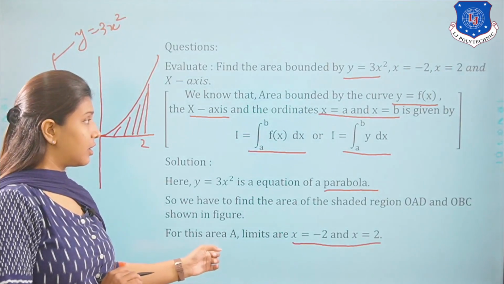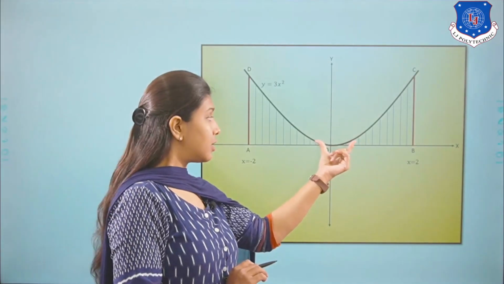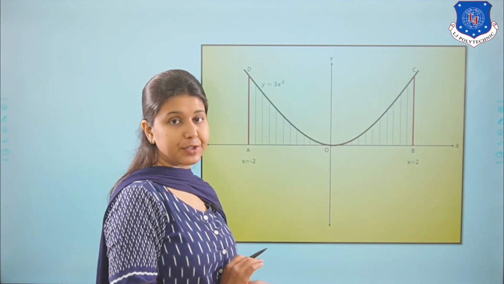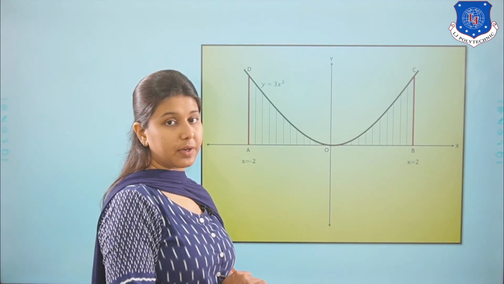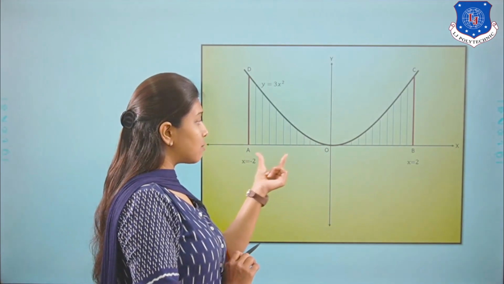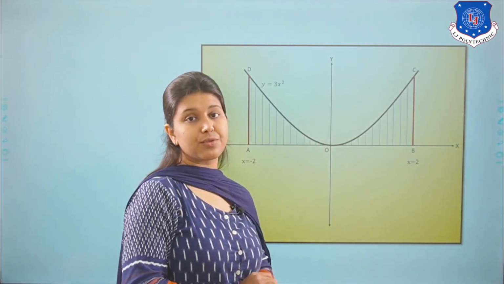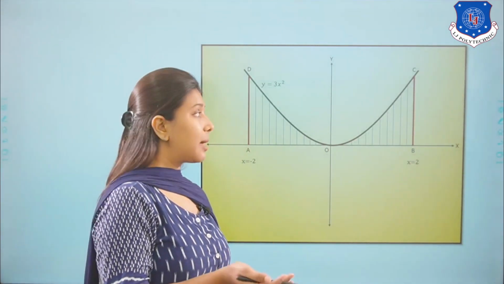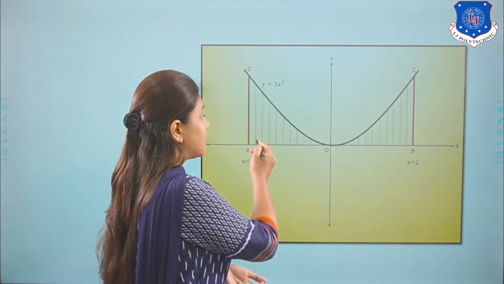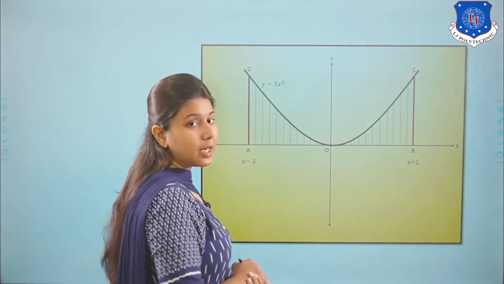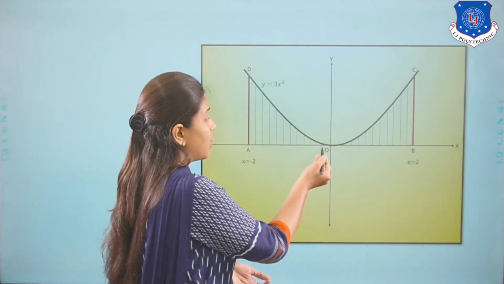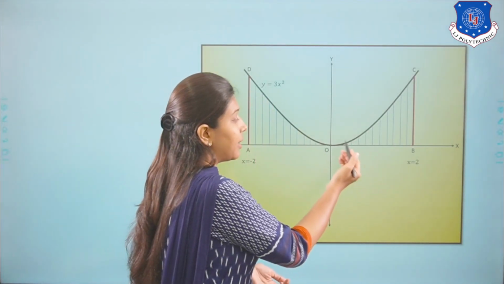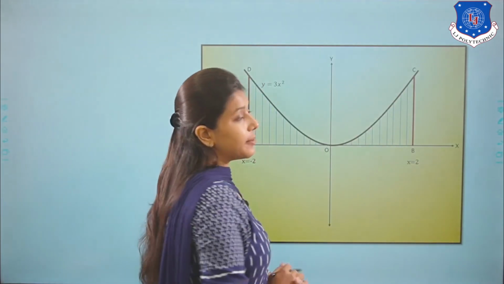Let's understand with the graph. Here this parabola is your function y is equals to 3x square. Your limits x is equals to minus 2 and x is equals to 2 is already given. That means you need to find this shaded part, that means you need to find OAD and OBC.